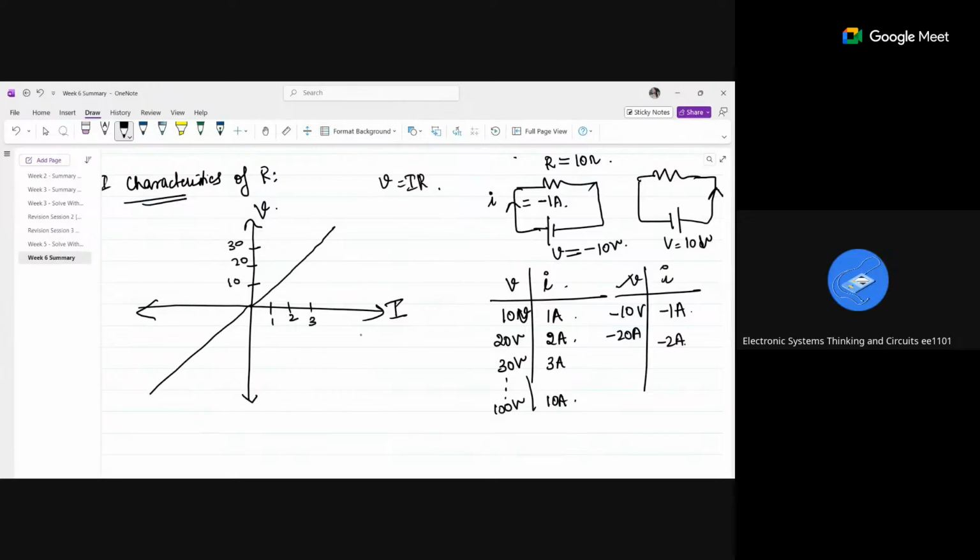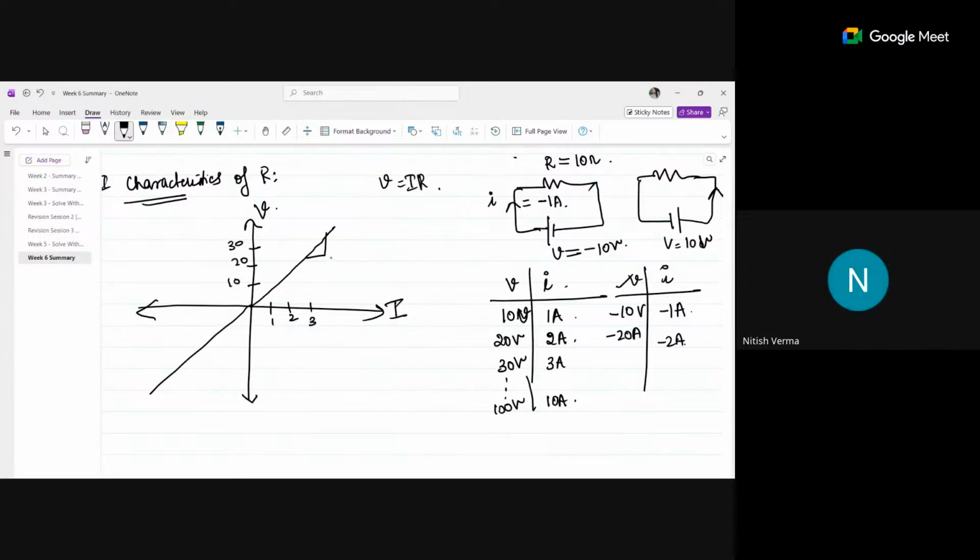Are you able to understand why it is a straight line like this? If we take a 10 volt source, then we get 1 ampere of current. After plotting the given points, we get a straight line. Now tell me what is the slope of this line?